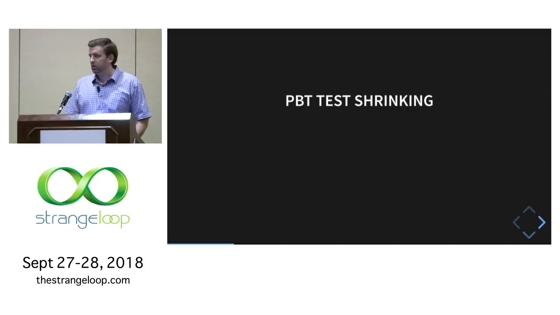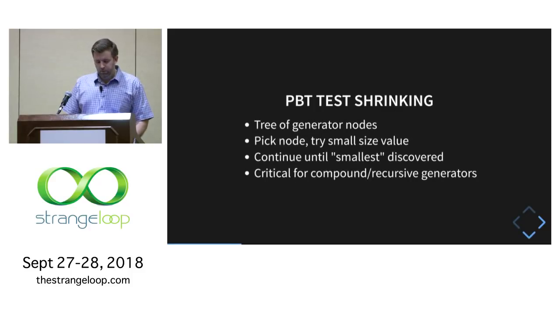So most property-based test systems have a test shrinking functionality. And this functionality can significantly reduce the size of the test case while still preserving the failure. And so how does that work? We can think of each test case basically as a tree of generator functions.